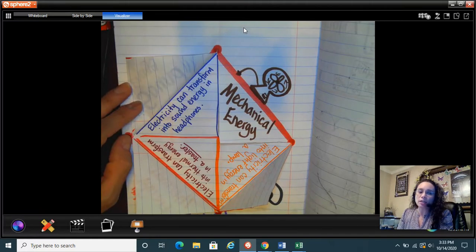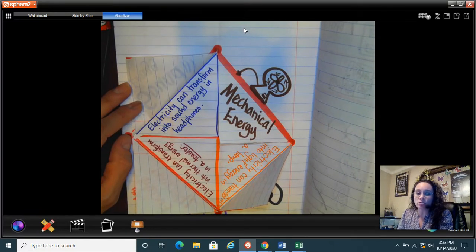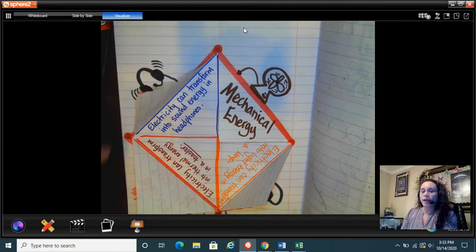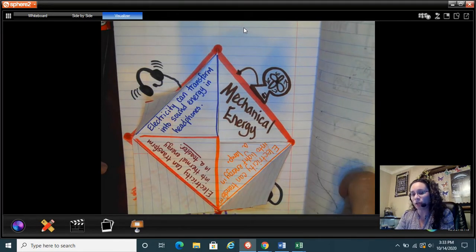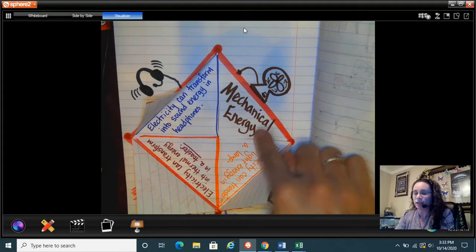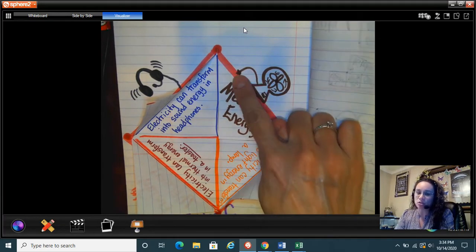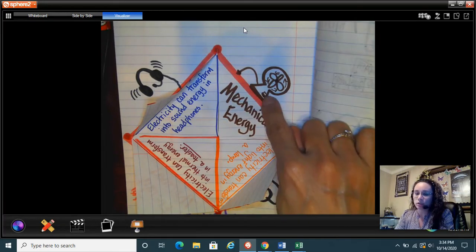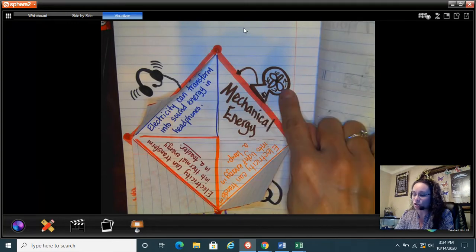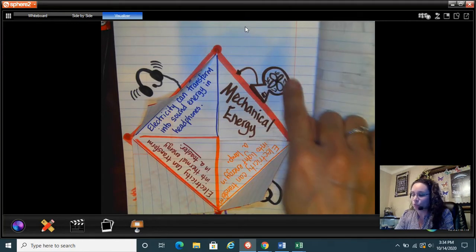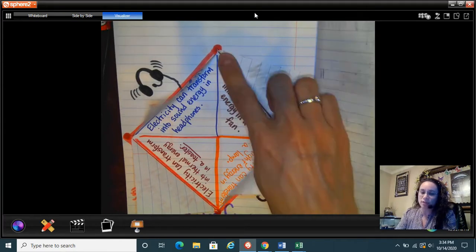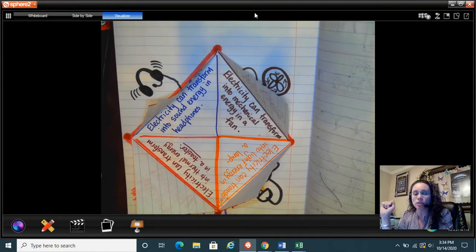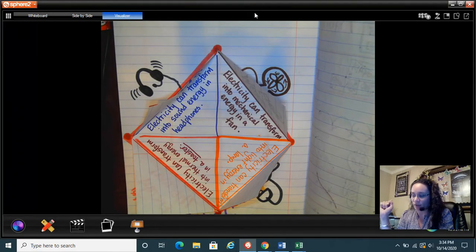So electricity can transform into sound energy in headphones and mechanical energy. So electricity can become mechanical energy, like in a fan. Once you connect it to the outlet, you flip that switch and it starts to move. And moving is mechanical energy. So when I open the door, it says electricity can transform into mechanical energy in a fan.